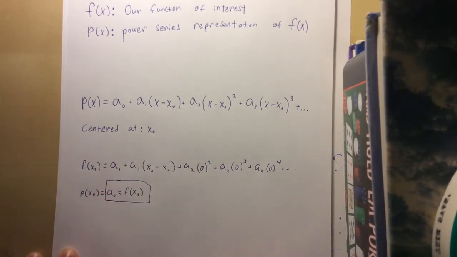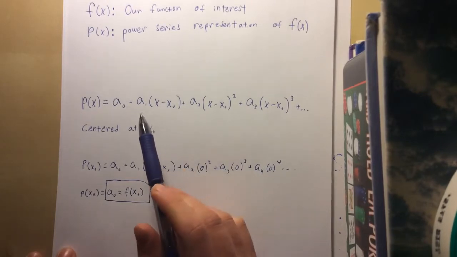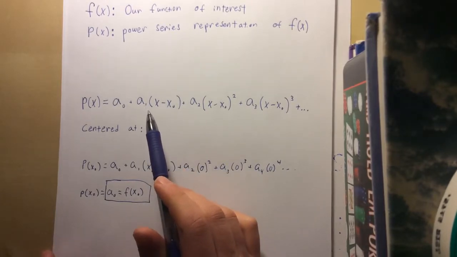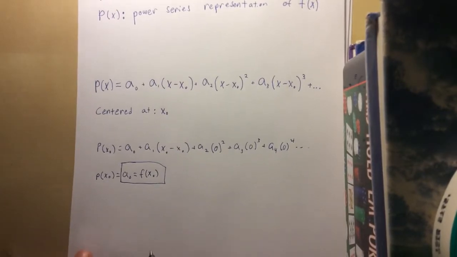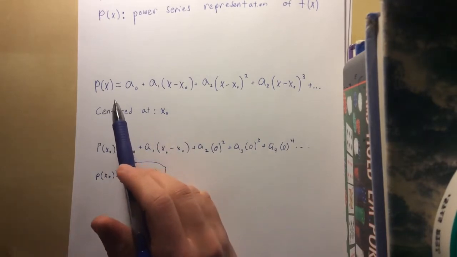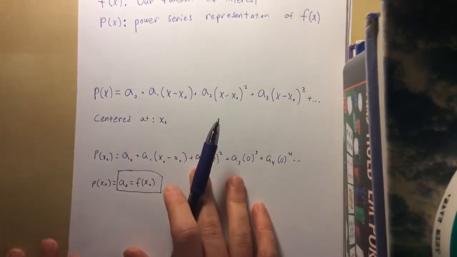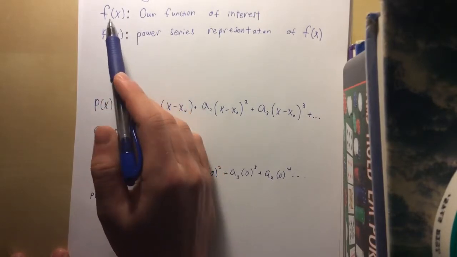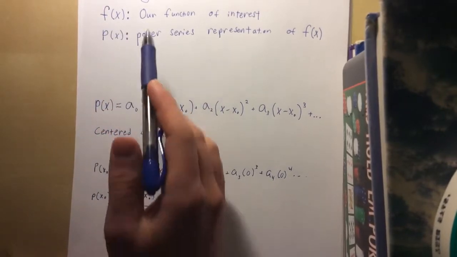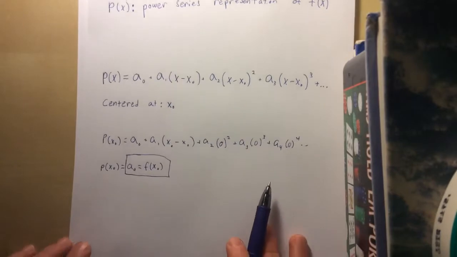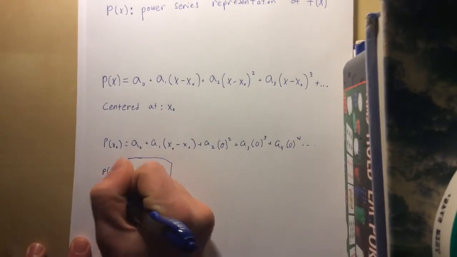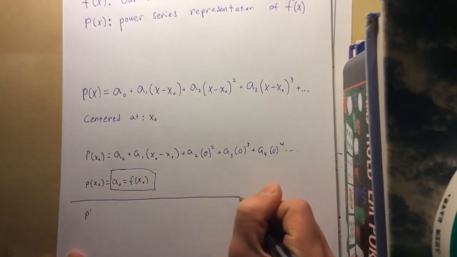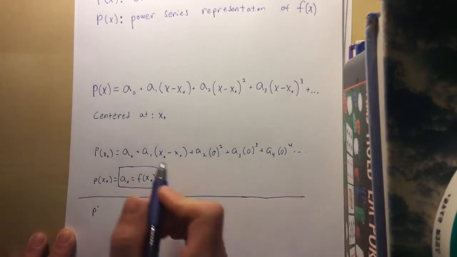Now let's figure out what a sub 1 is. What we're going to do is take the derivative of p of x. And when we take the derivative of p of x, that's also going to be equal to the derivative of f of x, because remember, these are the same thing. So if we take the derivative of p, I'm going to go ahead and separate these.